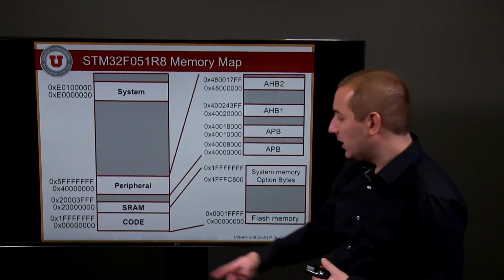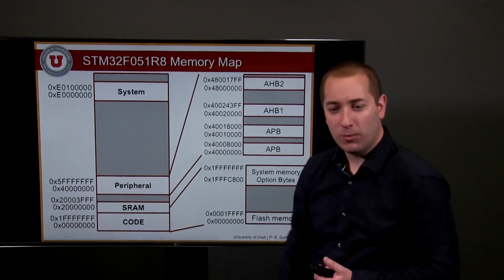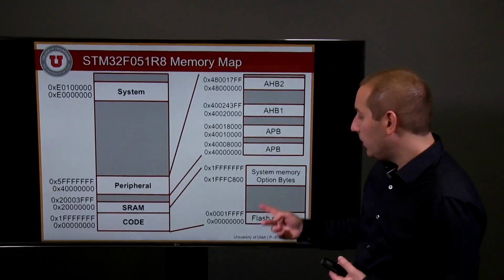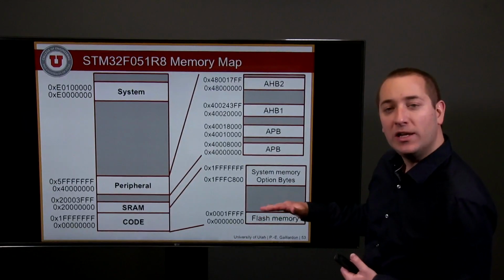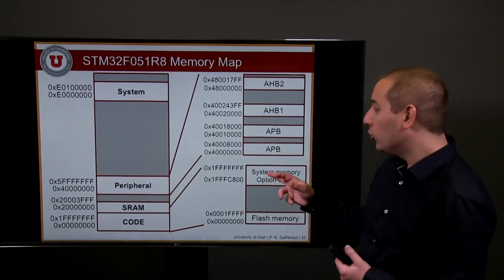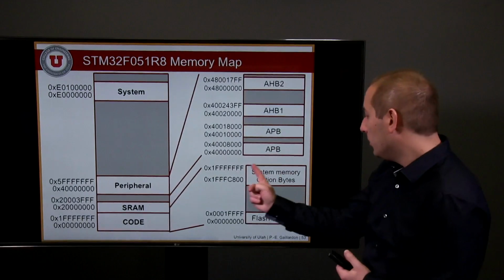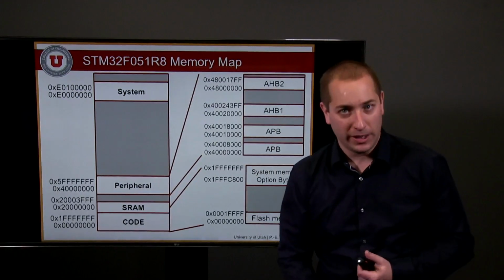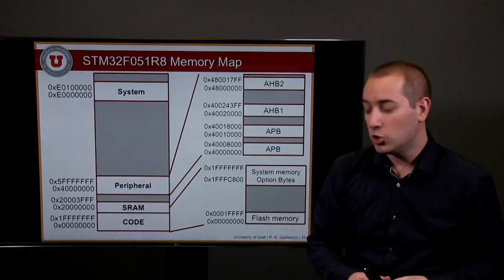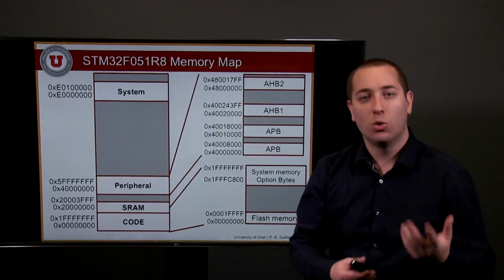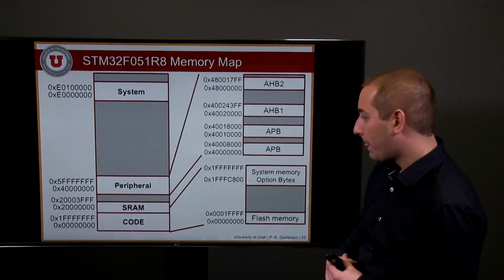So as you can see, inside of the code memory space, we do actually have our flash memory located at the bottom of the memory space, and at the top of this region, you will find some system memory and option bytes. Option bytes are used to lock your memory, to do all sorts of special operations.